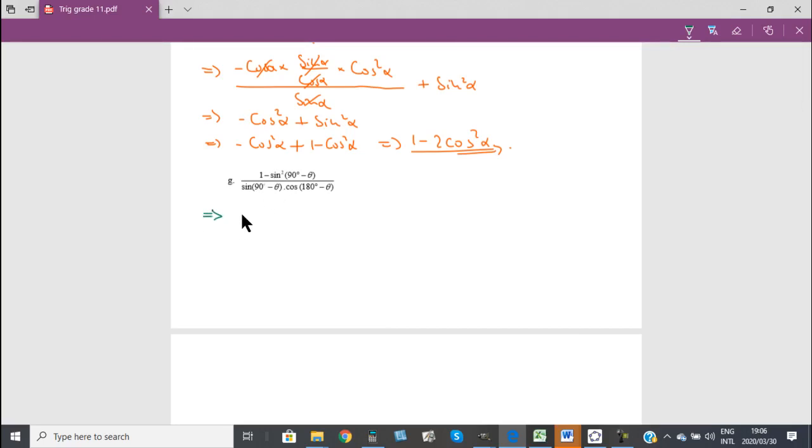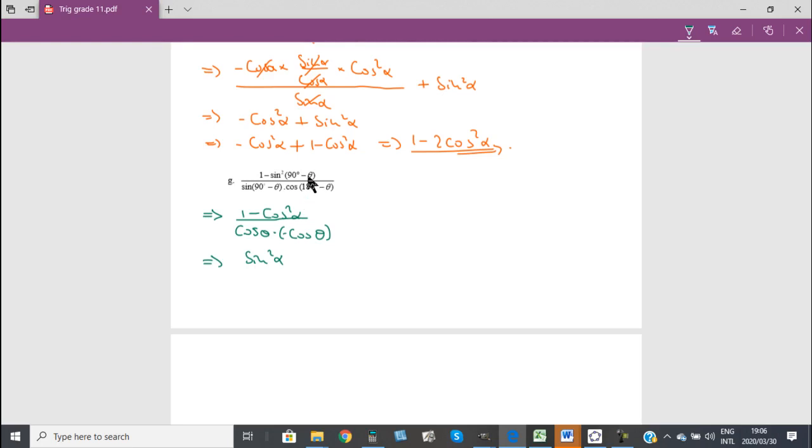So here we have 1 minus cos squared alpha over sine of (90 minus), it's positive, but that changes to cos theta, times cos of (180 minus), it's negative, so negative cos theta. 1 minus cos squared gives sine squared.